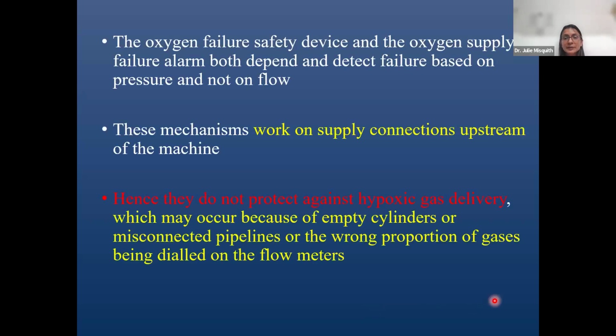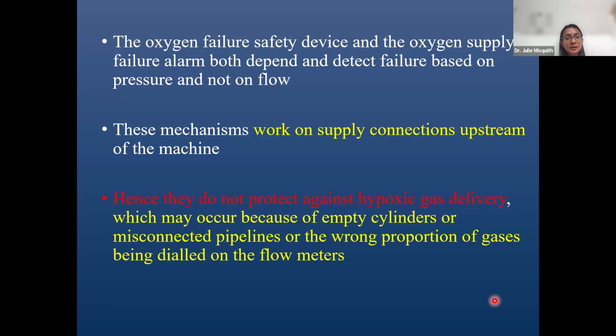But we have to remember that fail-safe systems don't prevent hypoxic mixtures. For example, as long as there is pressure in the oxygen line, all these failure safety devices depend on the pressure and not the flow. So if another gas is going through the oxygen pipeline, it will still deliver that gas.